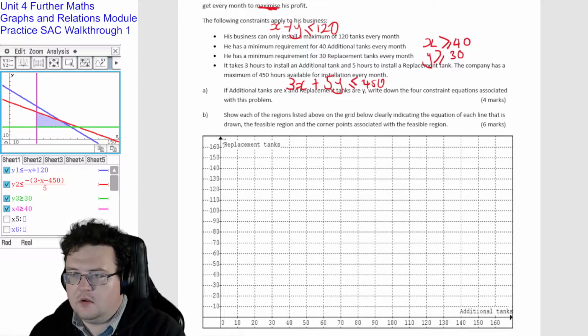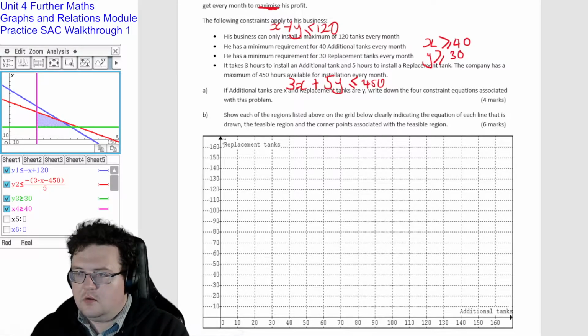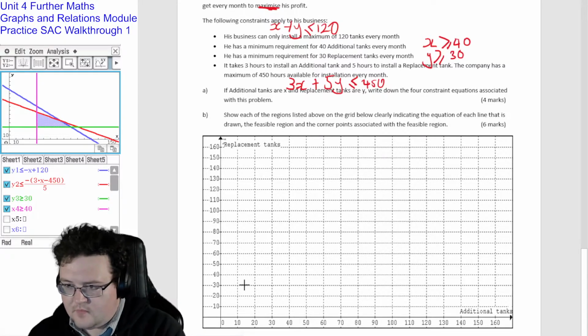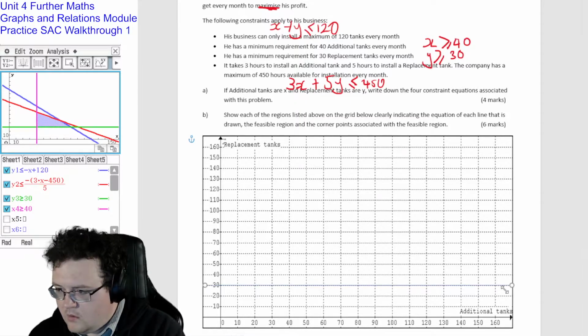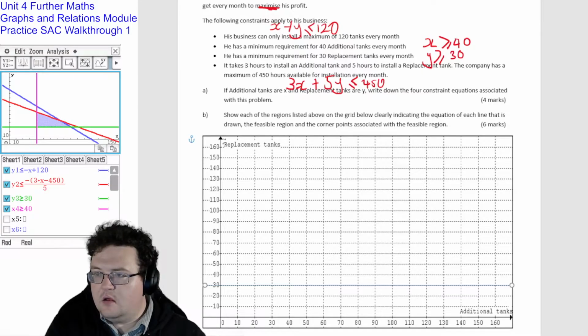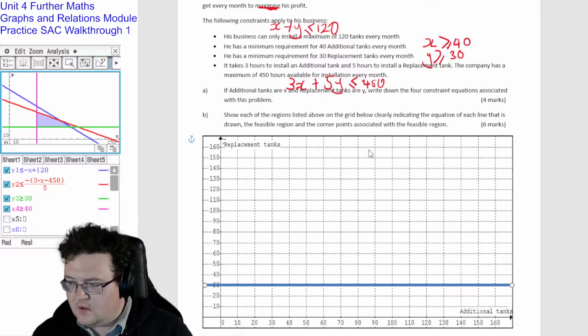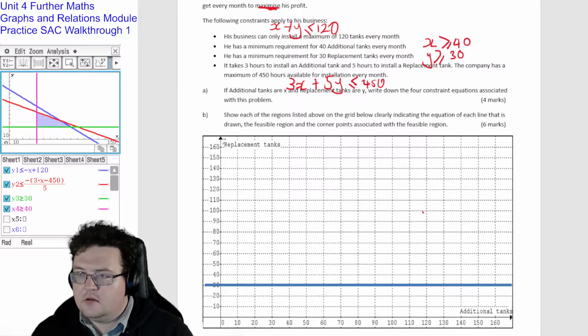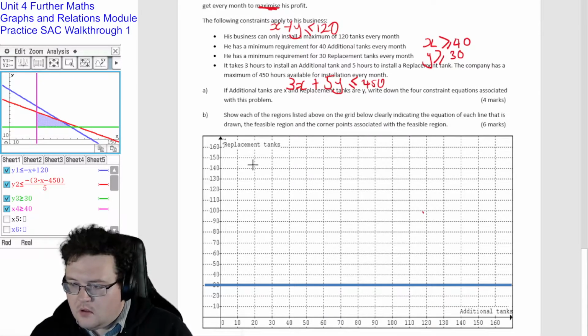So a line there to make it nice and thick to make it obvious. And then I'm going to get another one. We're going to put it over 40.